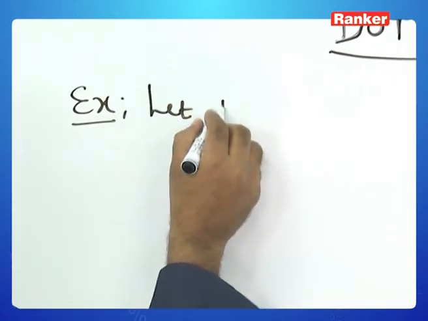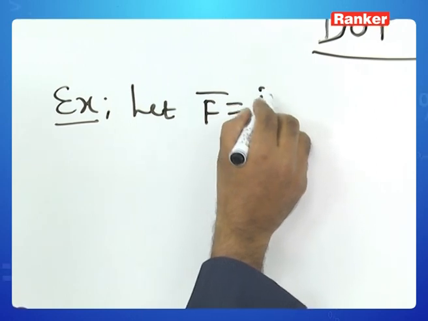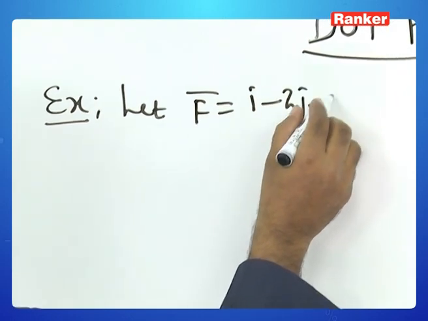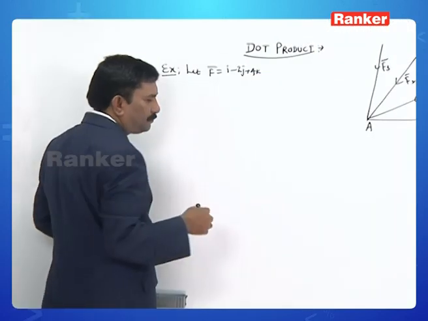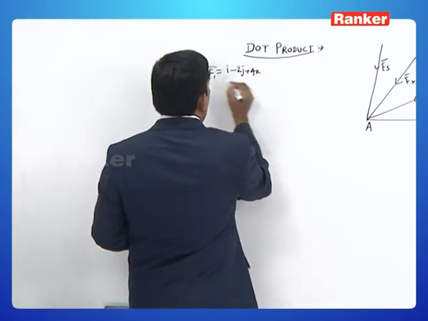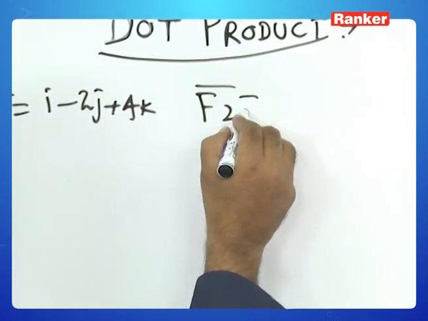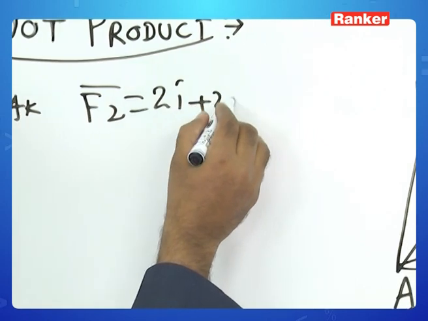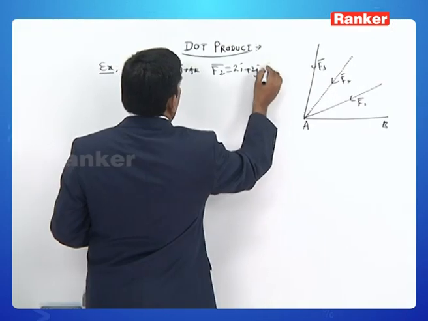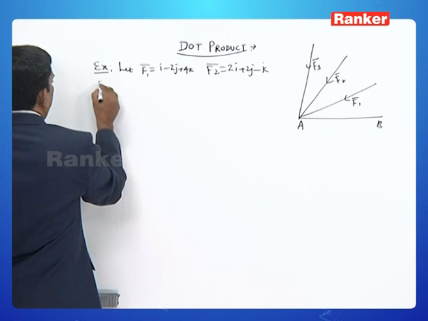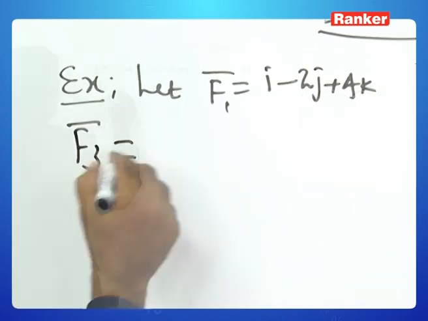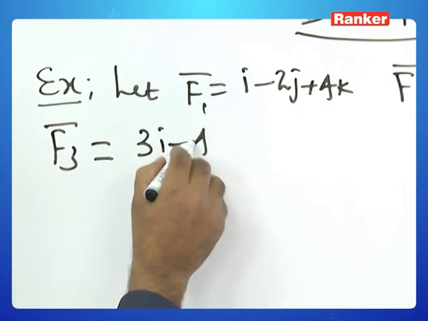I take one example which supports extensively. Let F1 bar is equal to i minus 2j plus 4k. Next, F2 bar is equal to 2i plus 2j minus k. Then F3 bar is equal to 3i minus 4k.